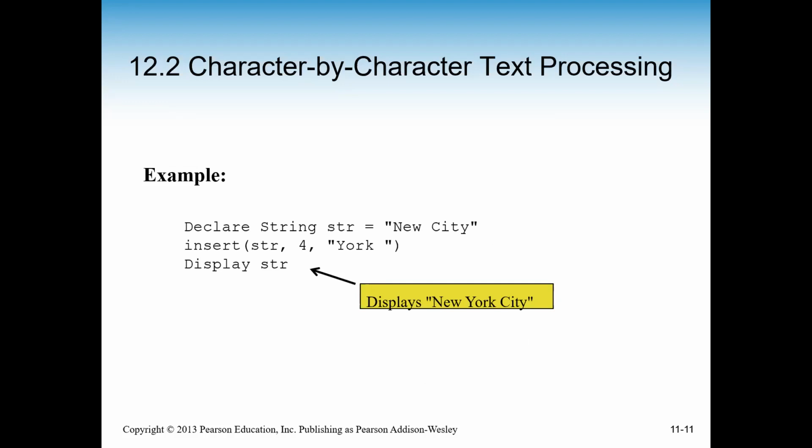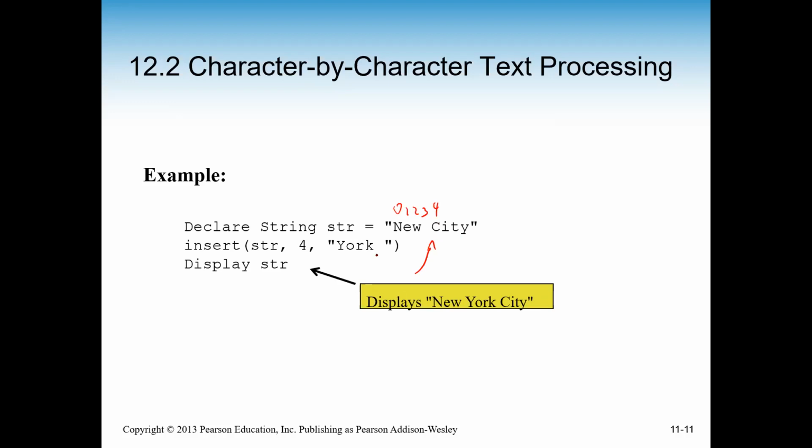So here we have an example of one of these. We have the string New City, and we're going to insert York. You're going to insert it at position 4. So let's see, 0, 1, 2, 3, 4. What's going to happen with this function is when you insert, you're going to insert York there, and everything else will move to the right.